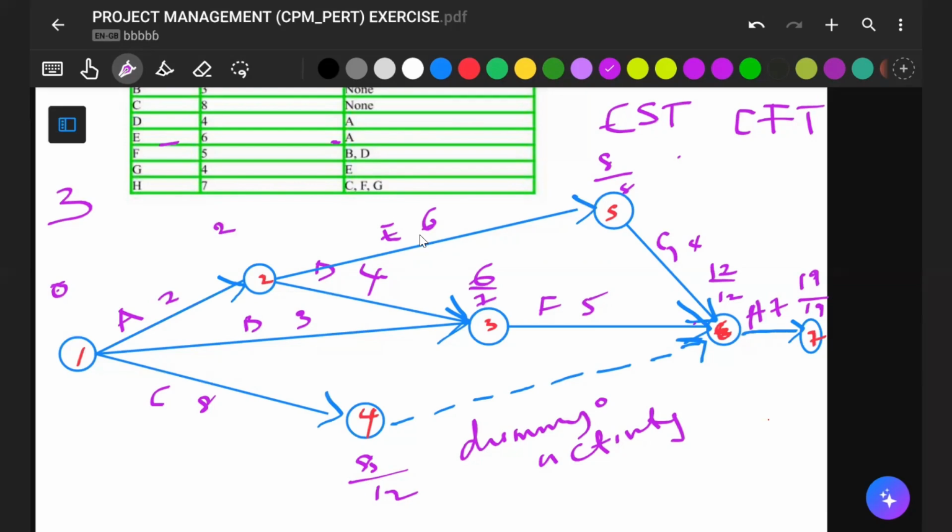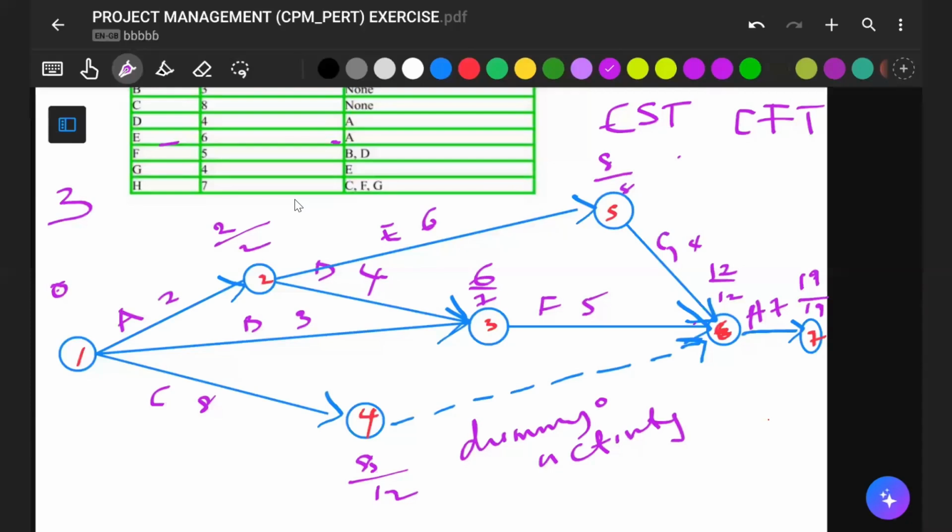When you are going forward, the addition that gives you the highest value is what you choose. Between 7 minus 4, which gave us 3, and 8 minus 6, which gives us 2, going by that rule we pick 2.